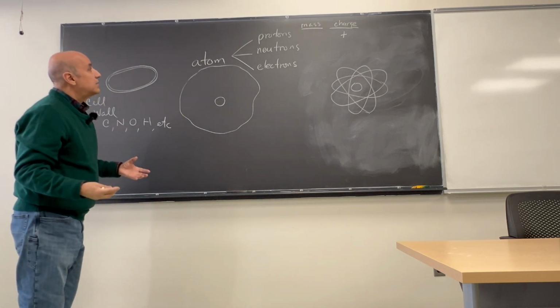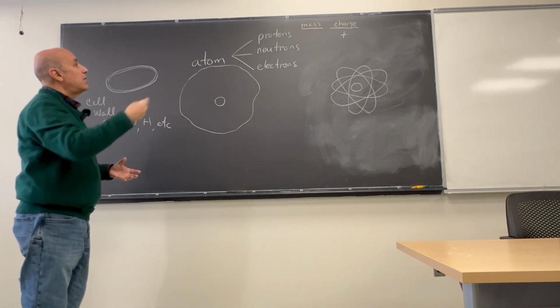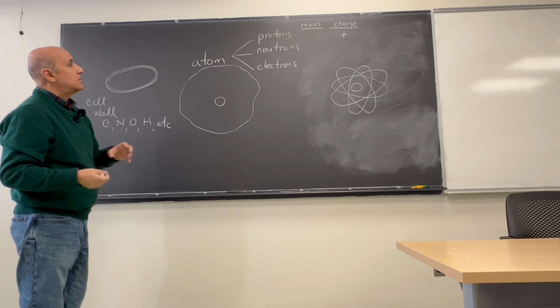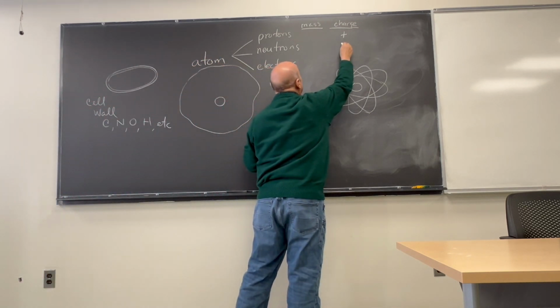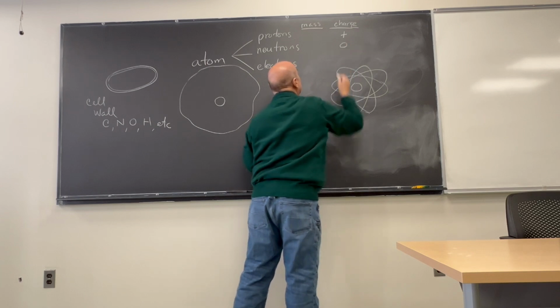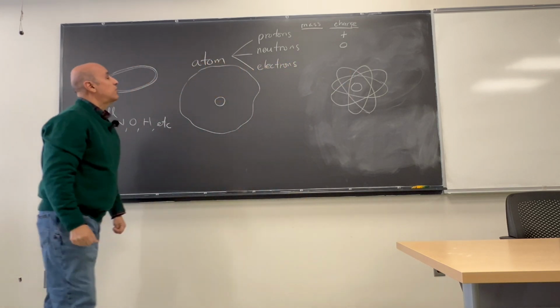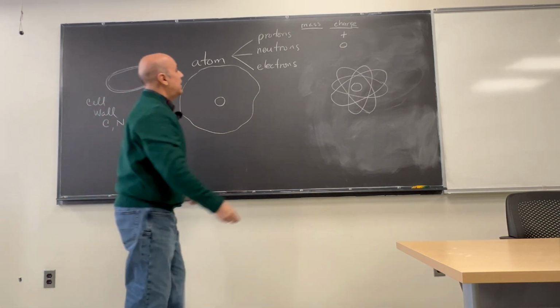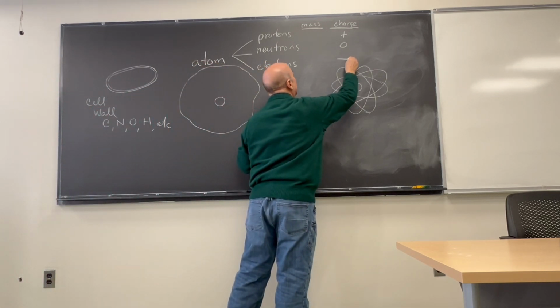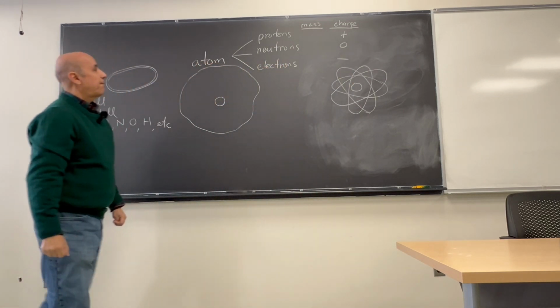So protons are like the positive end of a battery. They carry this positive charge. Neutrons do not have a charge, so we're going to write that as a zero charge, neither positive nor negative. And electrons do have a charge, and that charge is negative.